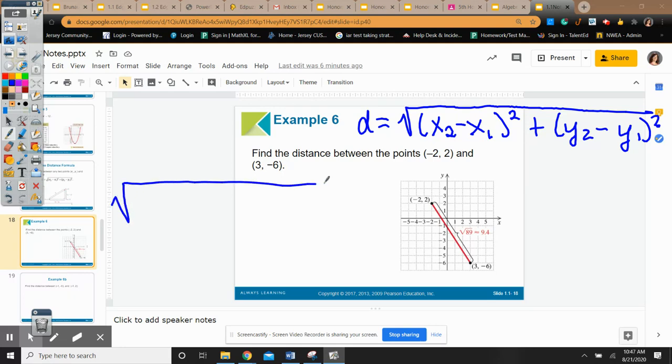Because if you do the formula, you will plug in what the x2 is. So this is x1, y1, x2, y2.